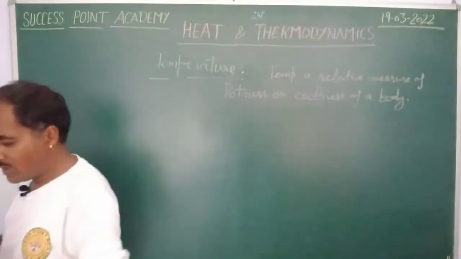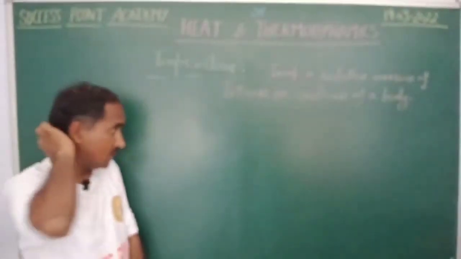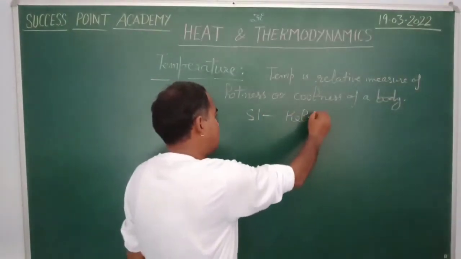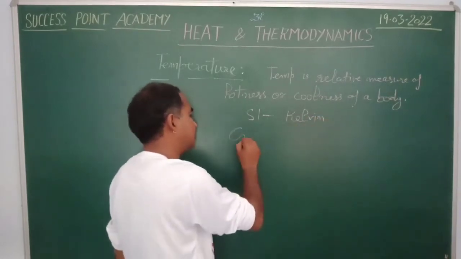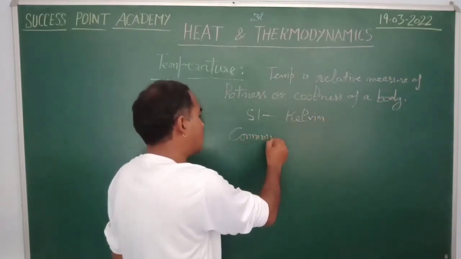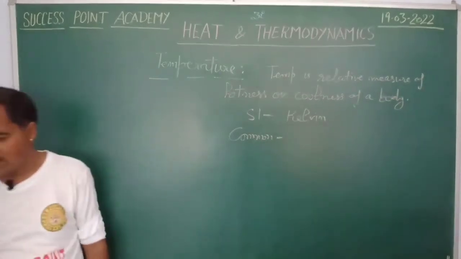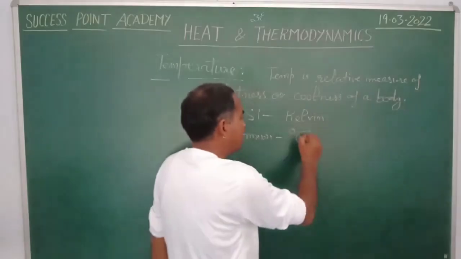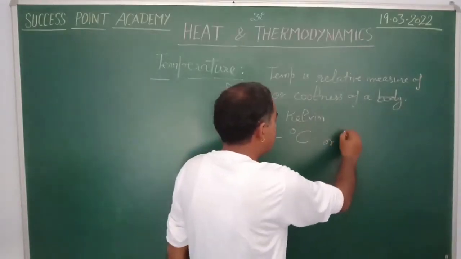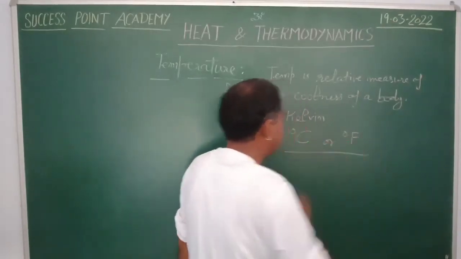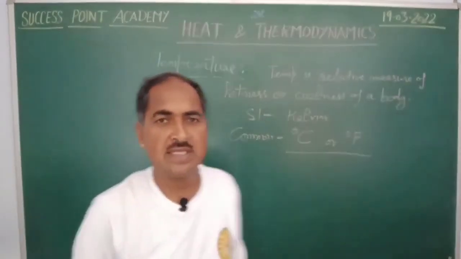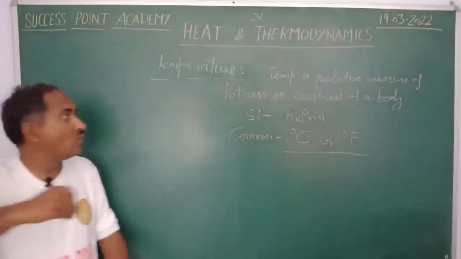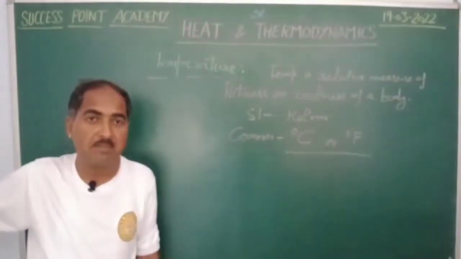This is what we call temperature, whose SI unit is Kelvin, and if we talk in terms of common naming, then the commonly used unit is either degree Celsius or degree Fahrenheit. So students, these are the units of temperature. Now one thing is clear, that what temperature is.